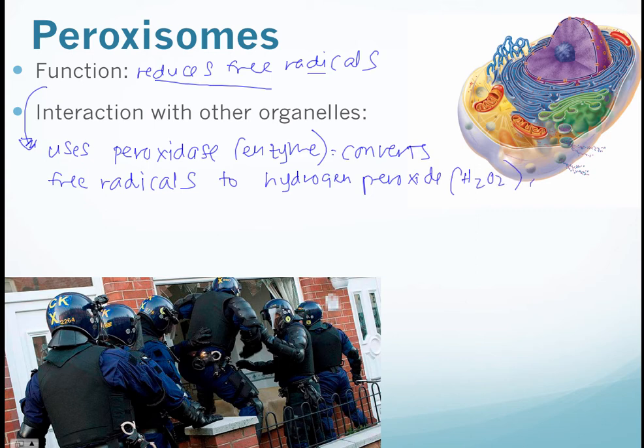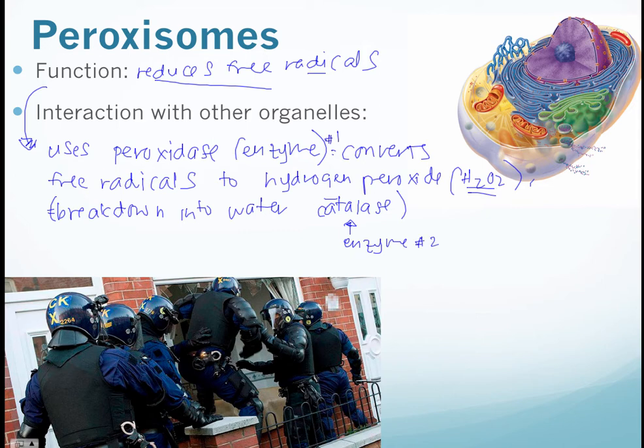Now, we really don't want too much hydrogen peroxide within our cells. So we can break this down into water through another enzyme called catalase. So this is enzyme number 2, enzyme number 1.